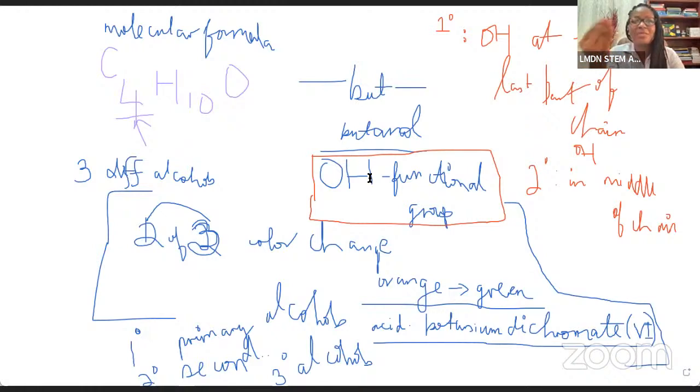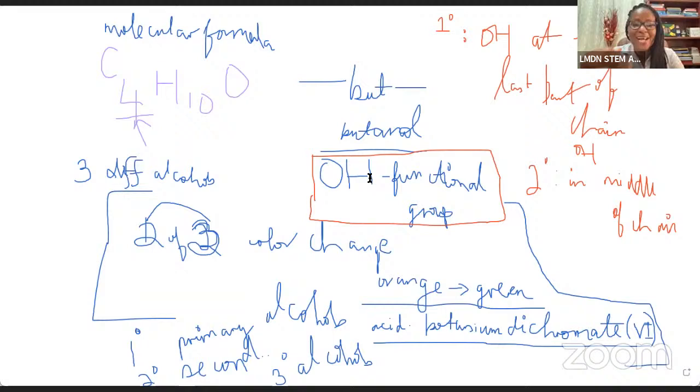So the hypothesis could then be: two of the three alcohols are oxidizable. So I hypothesize then that we have a primary and a secondary alcohol and also a tertiary, but the tertiary cannot be oxidized. The tertiary is not oxidizable.